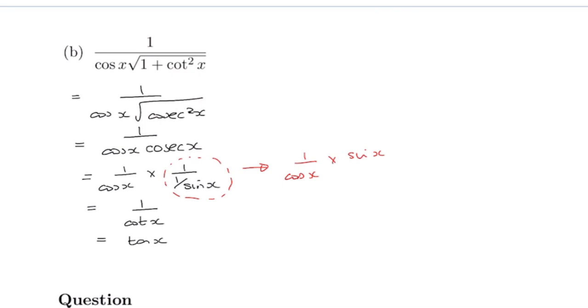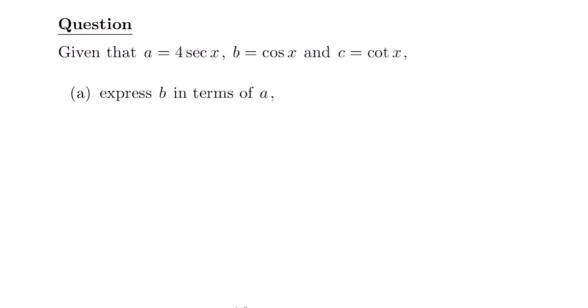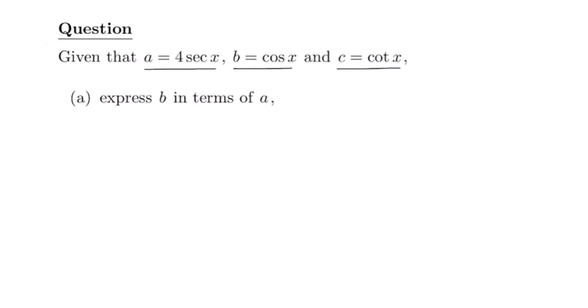Right, let's have a look at how we can use this in a question. So we've got, given that a equals 4 sec x, b equals cos x, and c equals cot x, first of all we want to express b in terms of a. So I'm going to start with a.